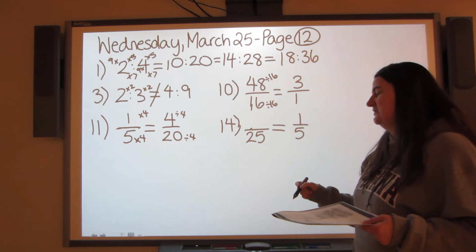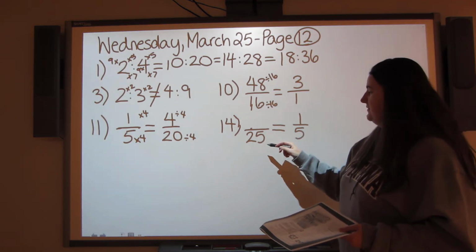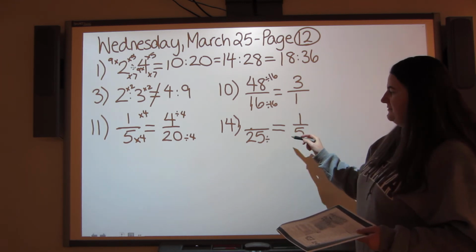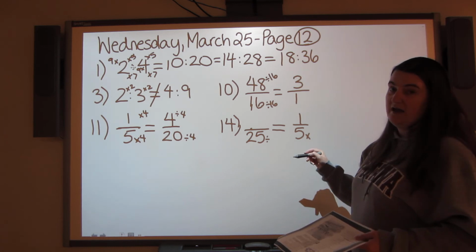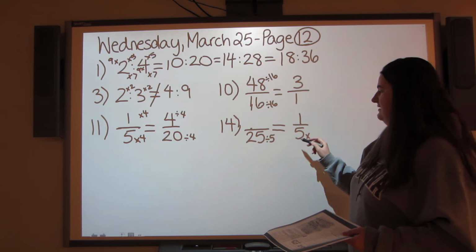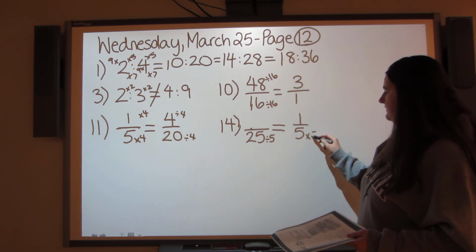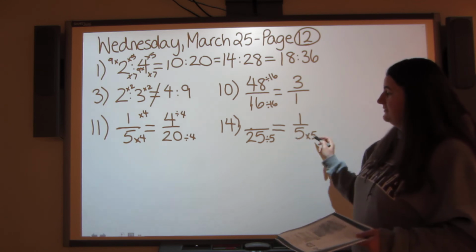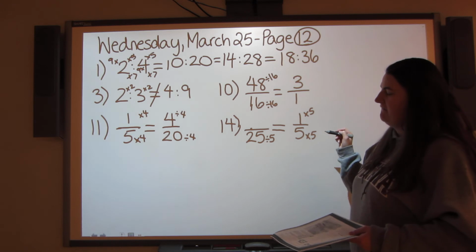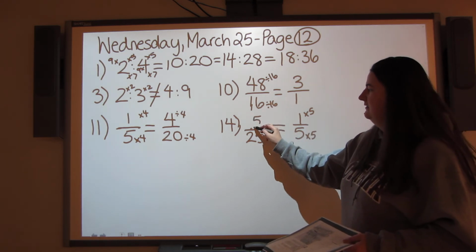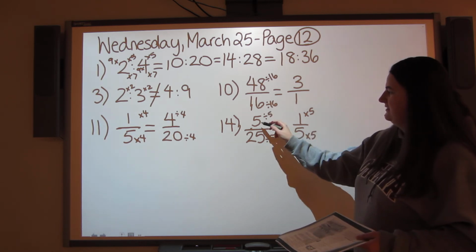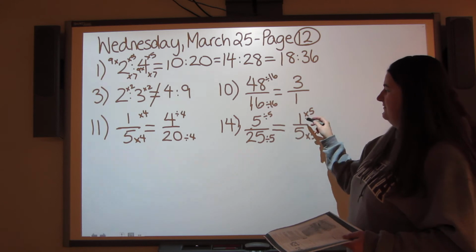What is the relationship between the two? So remember, when you're going from bigger numbers to smaller numbers, you're going to have to divide. Turning smaller numbers into bigger numbers, you're going to have to times. So 25 divided by 5 is 5. 5 times 5 is 25. These numbers should be the same. That means if I times my 1 by 5, I will get my top number. 1 times 5 is 5. 5 divided by 5 is 1.